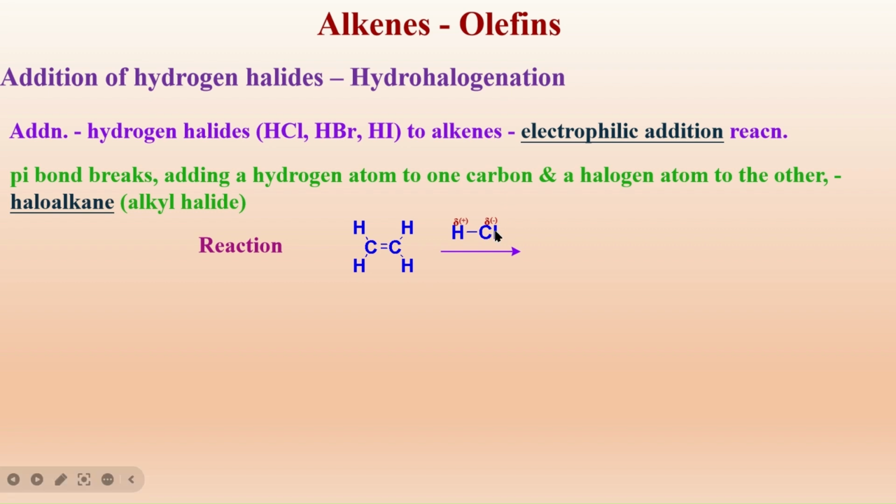Because of the electronegativity of halogen, there is unequal sharing of electrons between hydrogen and halogen, making HCl a polar reagent, having two poles, the positive pole and the negative pole.